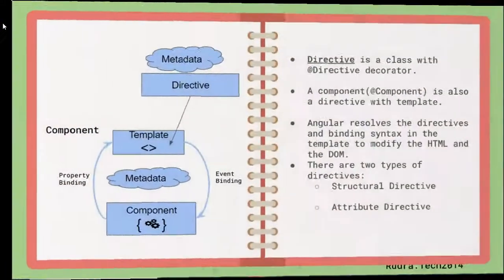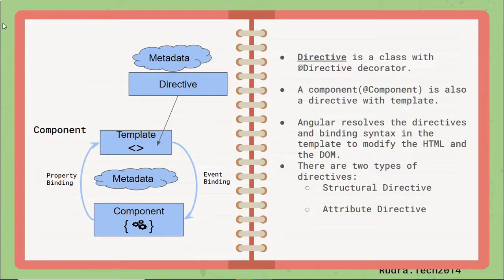Then the next part in the Angular architecture are the directives. Directive is a class with the @directive decorator. The directive plays an important role in managing the structure of the template within a component, and a component is also a directive with a template.